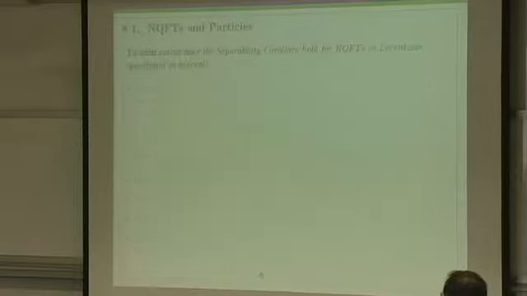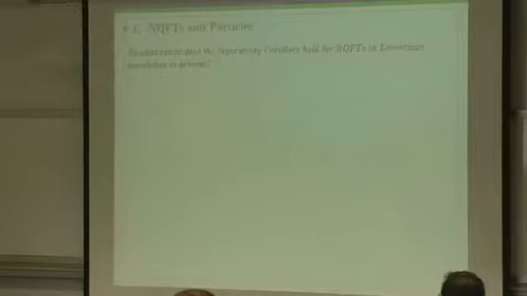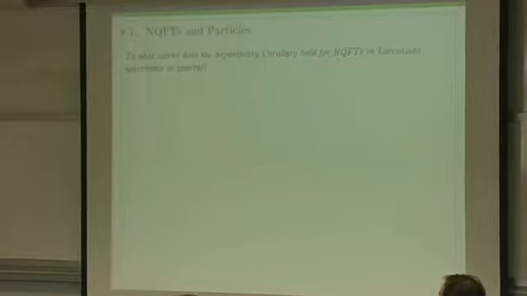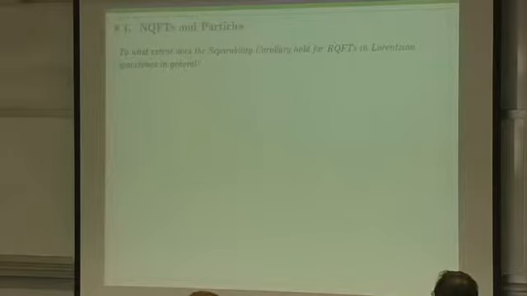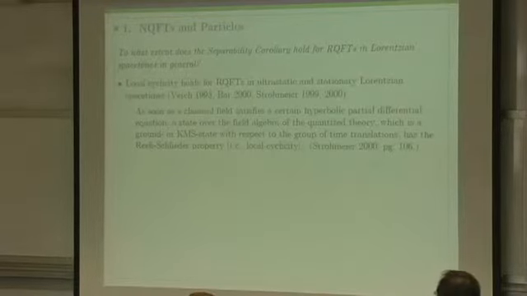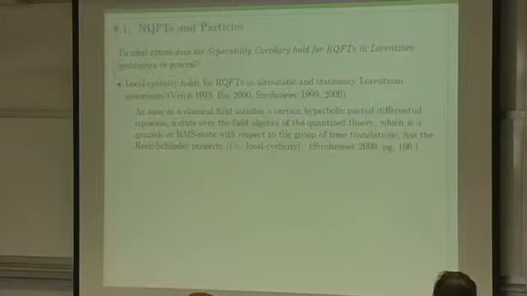So much for Minkowski spacetime, but what about Lorentzian spacetimes in general? The question now arises as to what extent the separability corollary holds for relativistic quantum field theories in Lorentzian spacetimes, not just Minkowski spacetime. Well, extensions of the Reeh-Schlieder theorem have been proven for relativistic quantum field theories in ultrastatic and stationary Lorentzian spacetimes.